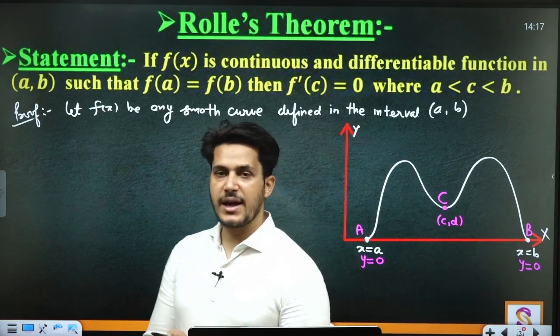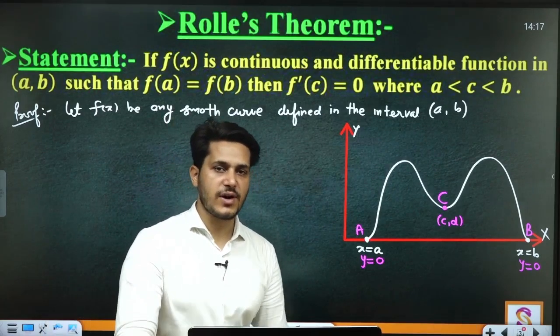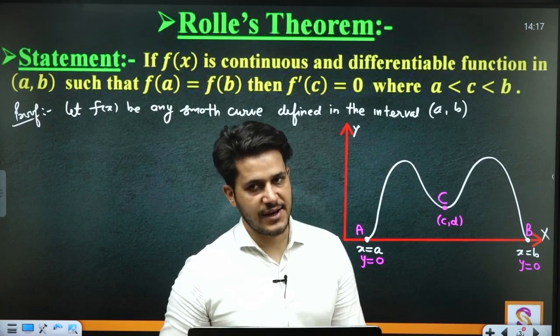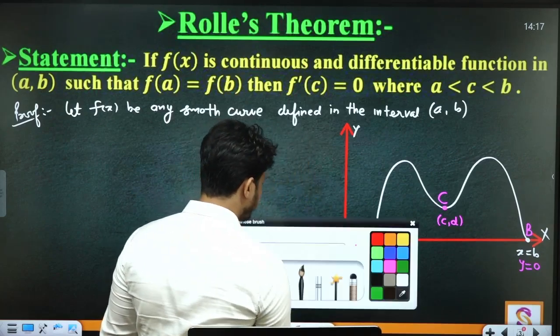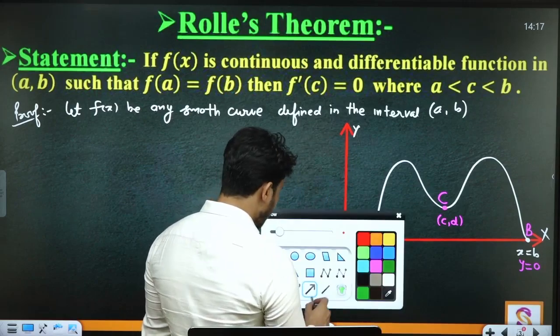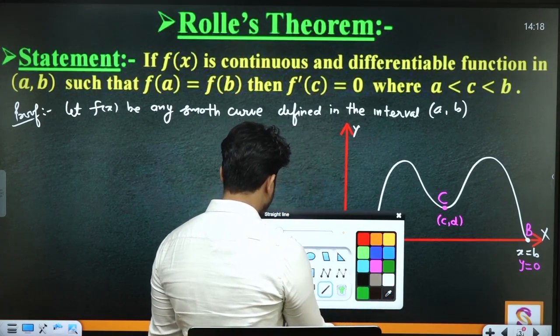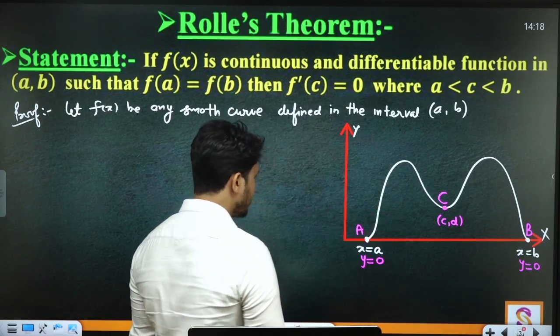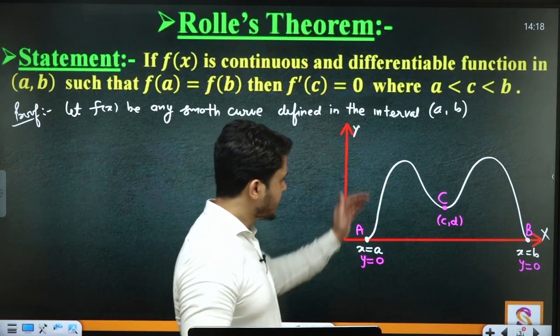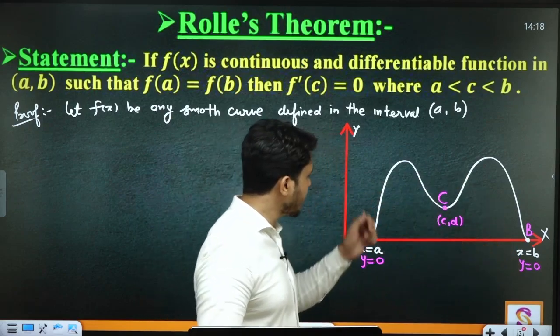ये किसी इंटरवल a और b के स्मूथ होने की वजह से इस तरीके का एक फंक्शन, एक कर्व डिजाइन होगा. Now see, due to smoothness there may be several tangents that can be drawn on this smooth curve. अगर ये कर्व स्मूथ है तो उसके ऊपर बहुत सारी टेंजेंट खींची जा सकती है.